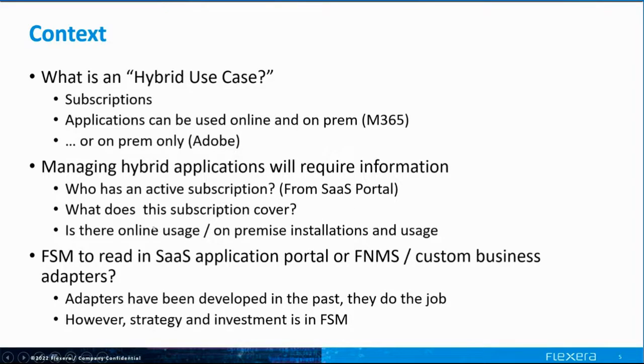Another thing we need to assess the usage and possible optimization is either online usage or on-premise installation. Here again, this is a typical mixed use case, where online data will be provided by the portal, by Microsoft 365. It doesn't provide usage on all the applications, but it covers quite a number.